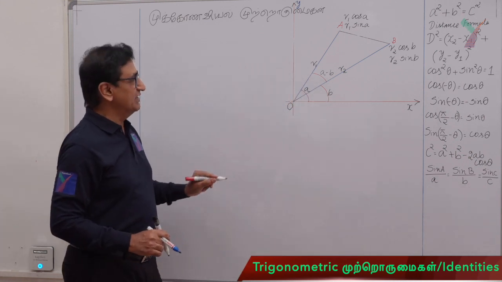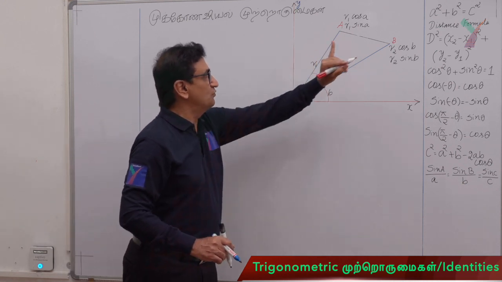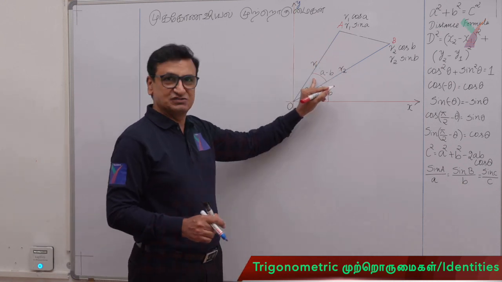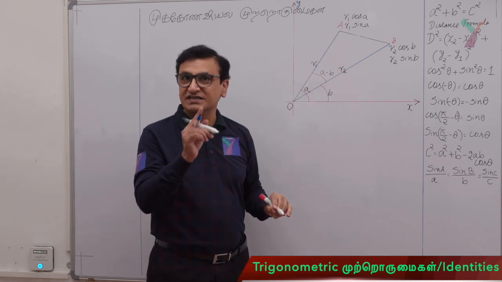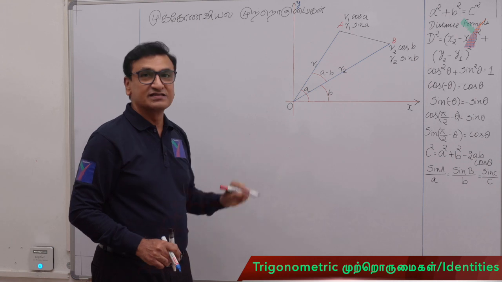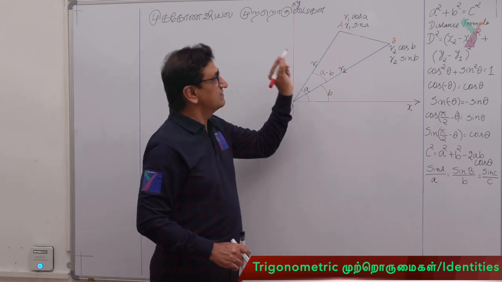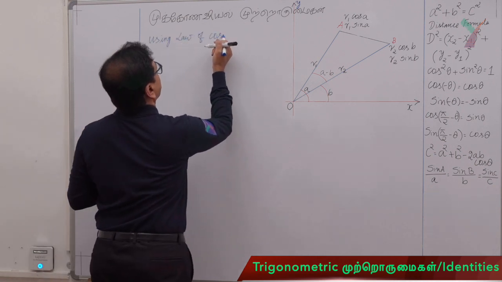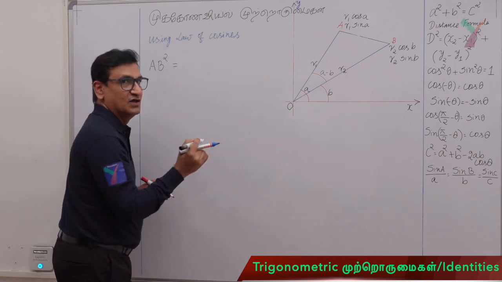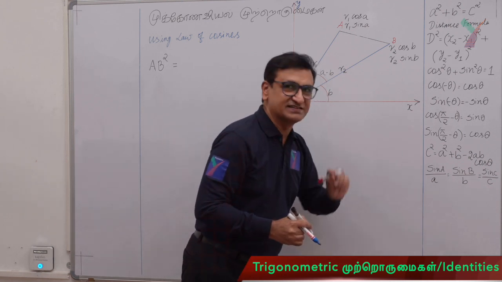சரியா? அடுத்தது நம்ம முதல்ல இந்த distance AB we are going to calculate using the law of cosines. அதுக்கு நம்ம என்ன பண்ணணும்னா இந்த AOB அதோட angle என்ன? A minus B, கரெக்ட்டா? And R1 and R2 are the respective distances. So using the cosine rule, the length AB will be like this. What does the rule of cosine say?